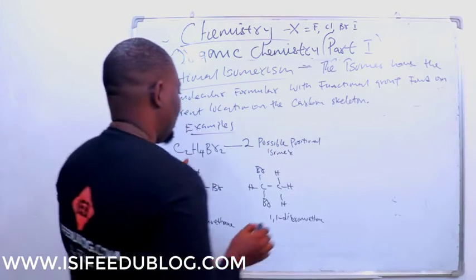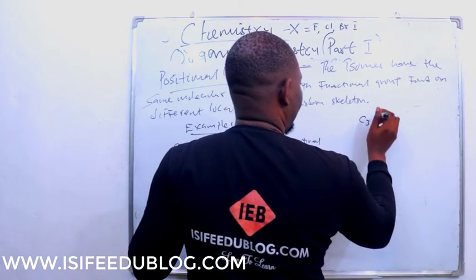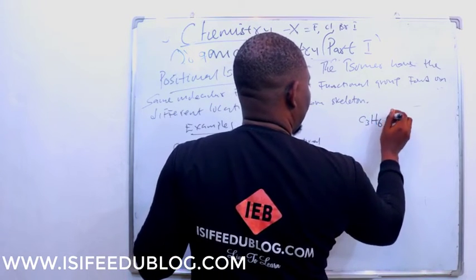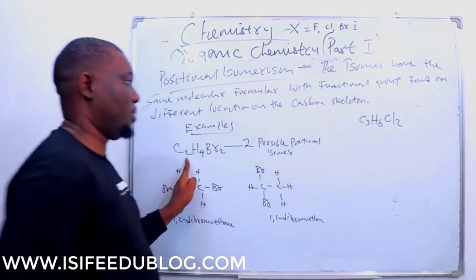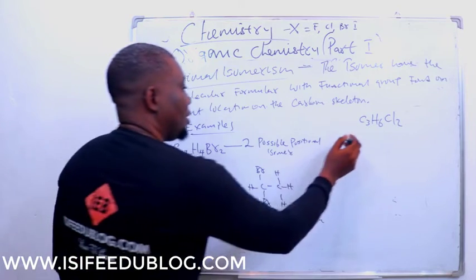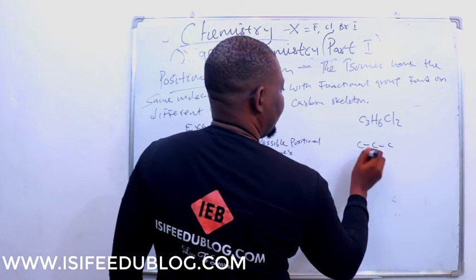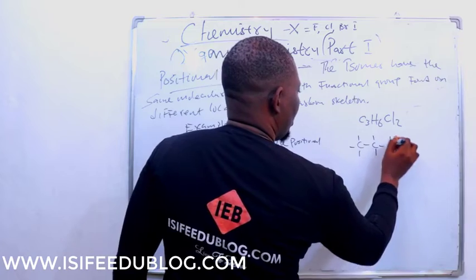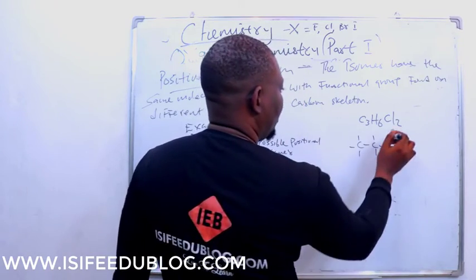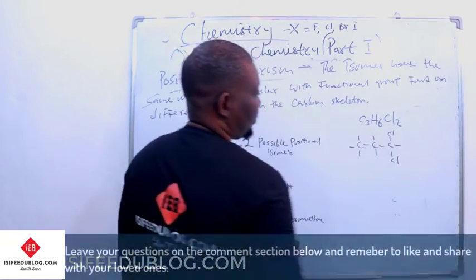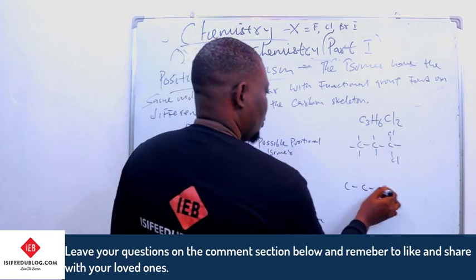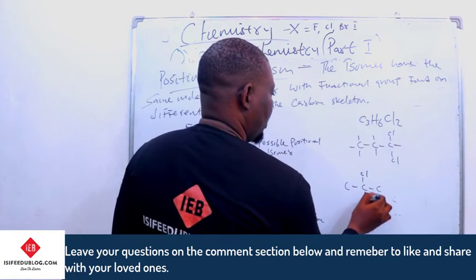What if I increase the carbon to C3? Maybe this time C3H6Cl2. How many possible isomers will be there? We'll find out. 1, 2, 3. We'll start with keeping chlorine in the same location. The second one, we can put chlorine in this point.